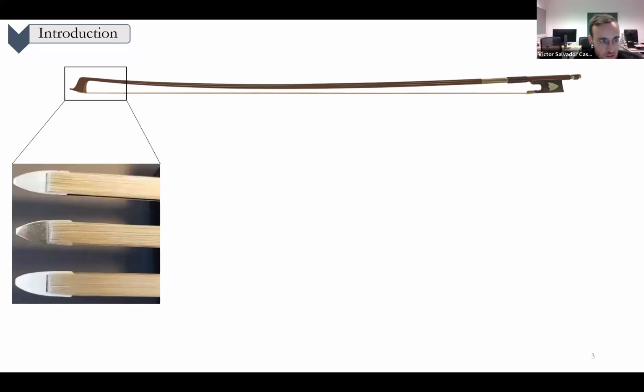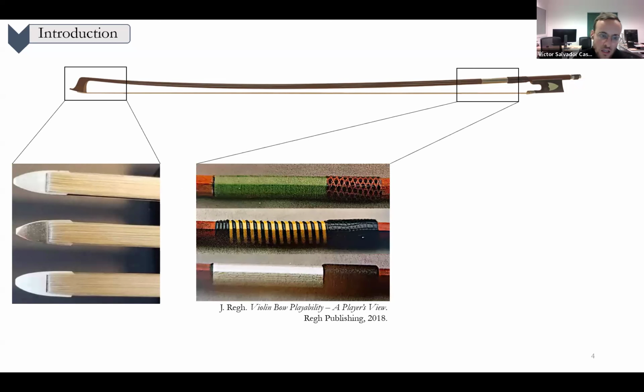For example, the tip plate, which can be made out of plastic, ivory, or silver. But also at the bottom part of the bow, the winding may be made out of different materials, for example, some types of light fabrics, up to heavier alternatives, for example, of silver.